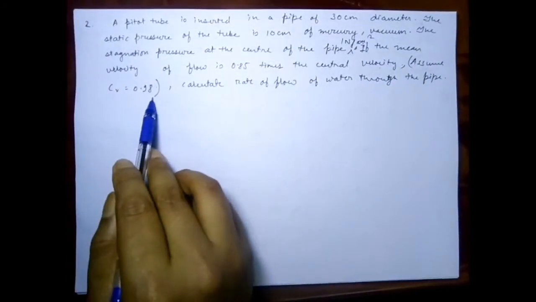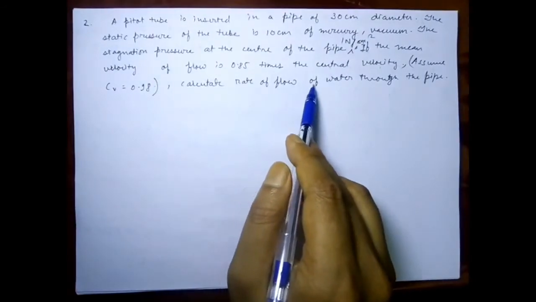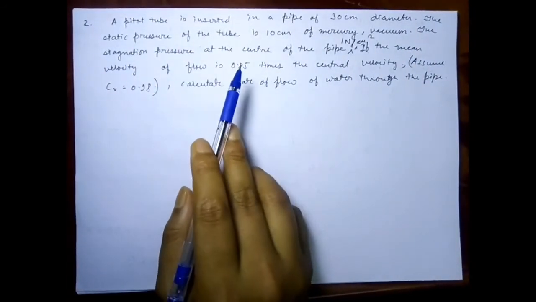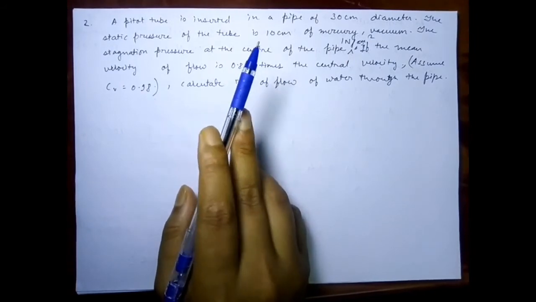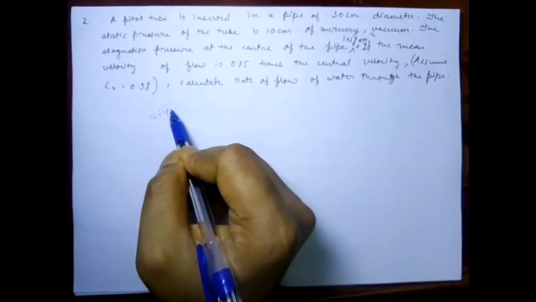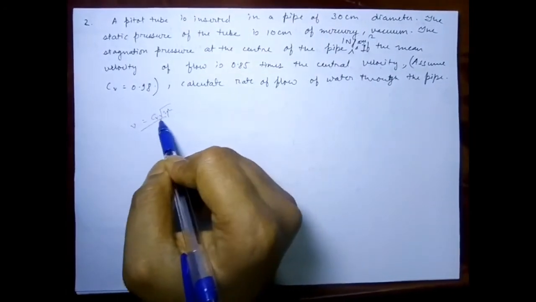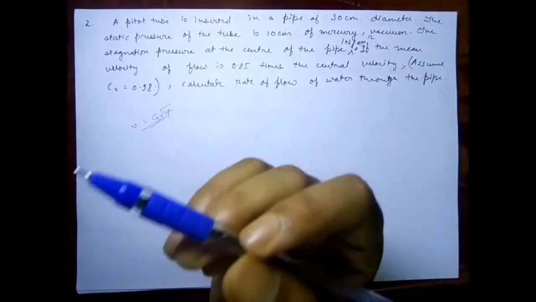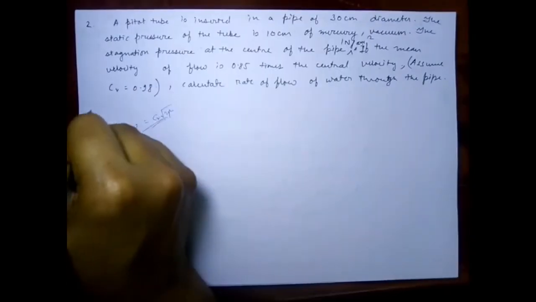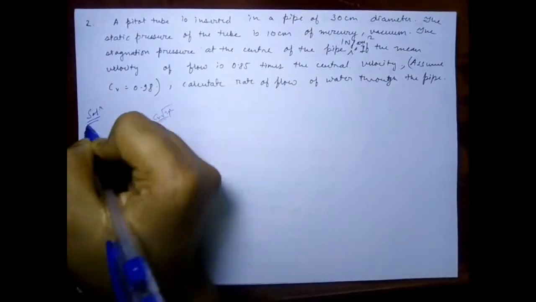Assume Cv is equal to 0.98 and calculate the rate of flow of water through the pipe. So it is a problem about the pitot tube. We could just do simple problems related to Cv times root 2gh, using just a simple formula, but I thought it's better to use some good application of this particular pitot tube, and this question is a help for that.